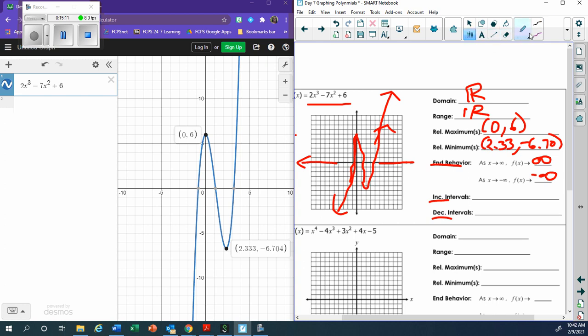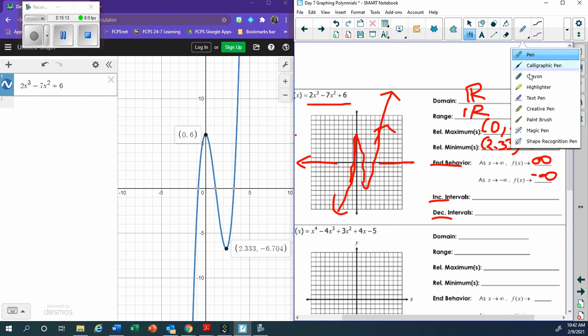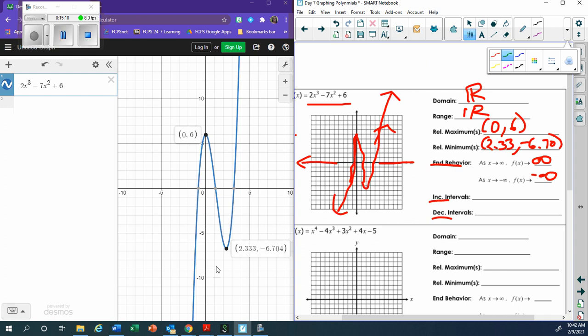So when we are going up, let's use the green pen, right? For this graph, you can see it from here too, I'm going up, up, up, up, up, up, up to here. Then red is going down, and then from here I'm going up, right? So the increasing interval is my green. So when I write it down, it's from negative infinity to that maximum point, which is 0, right?